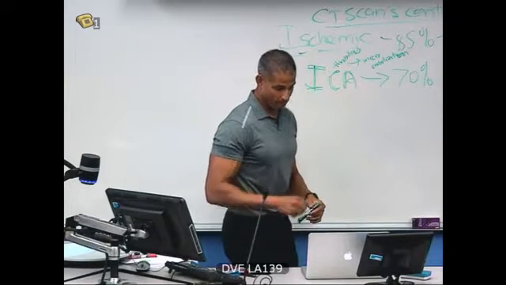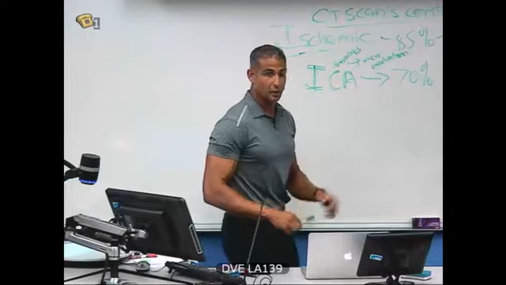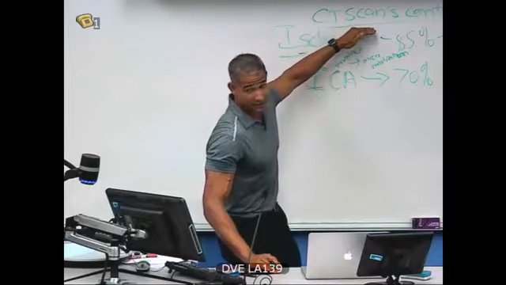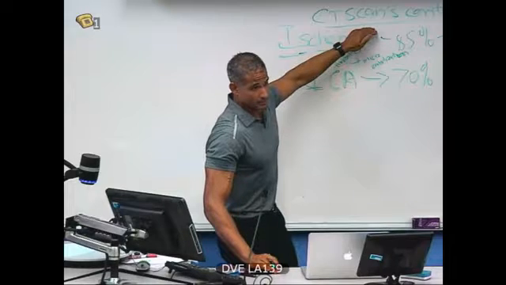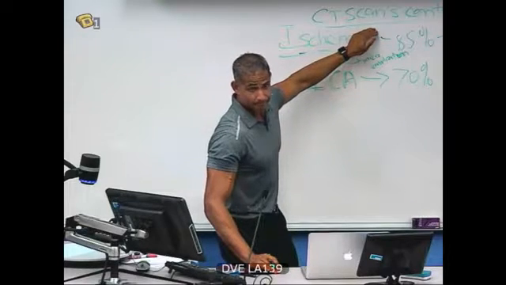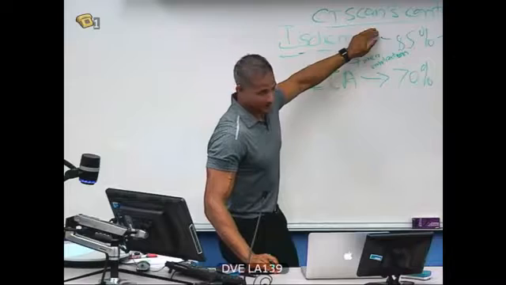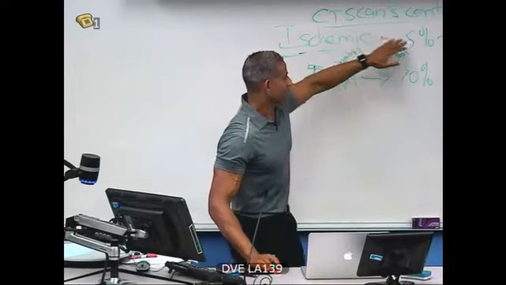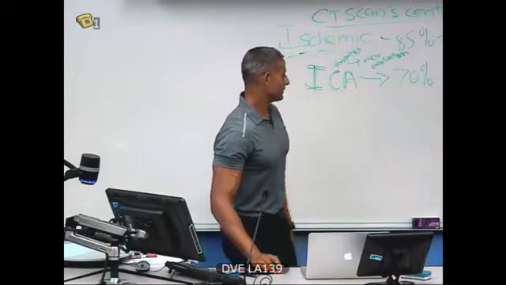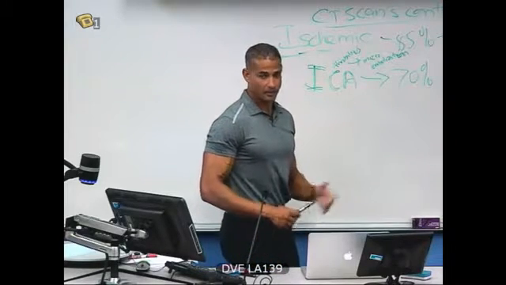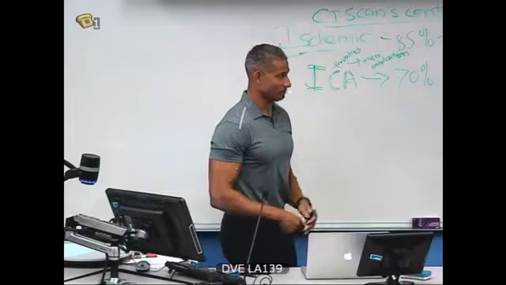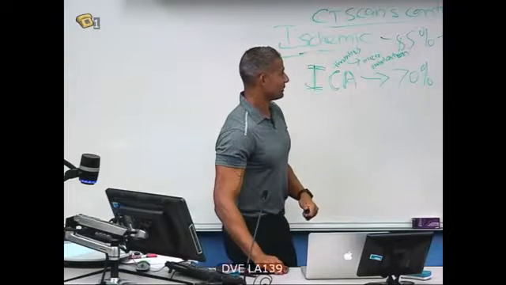An ischemic stroke is not going to show on a CT scan, not initially. It'll show on an MRI in most cases. A CT scan without contrast is always done to rule out hemorrhagic stroke. Period. Because what's the main treatment for ischemic stroke? TPA. So you have to make sure you're not bleeding before you give more clot busters.